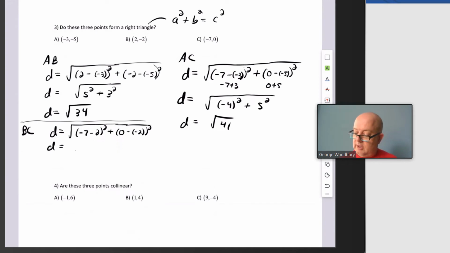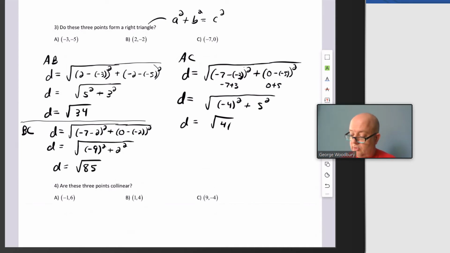So we've got the square root of -9 squared plus 0 minus -2, which is 0 plus 2, or 2 squared. -9 squared is 81. 2 squared is 4, so that equals 85. So this distance is the square root of 85.